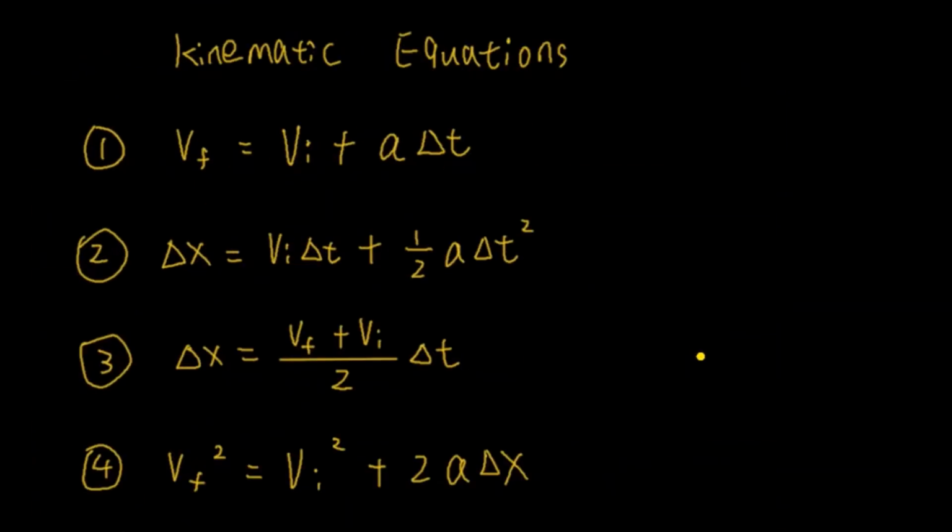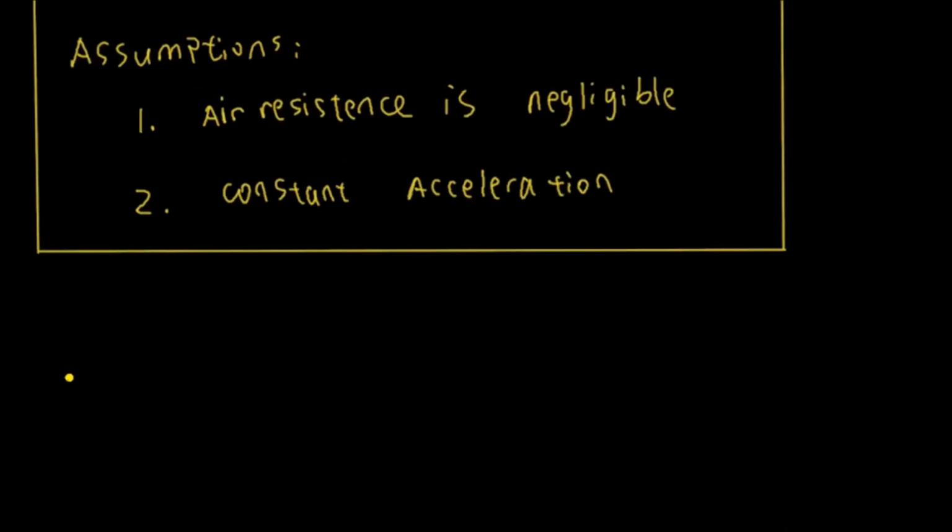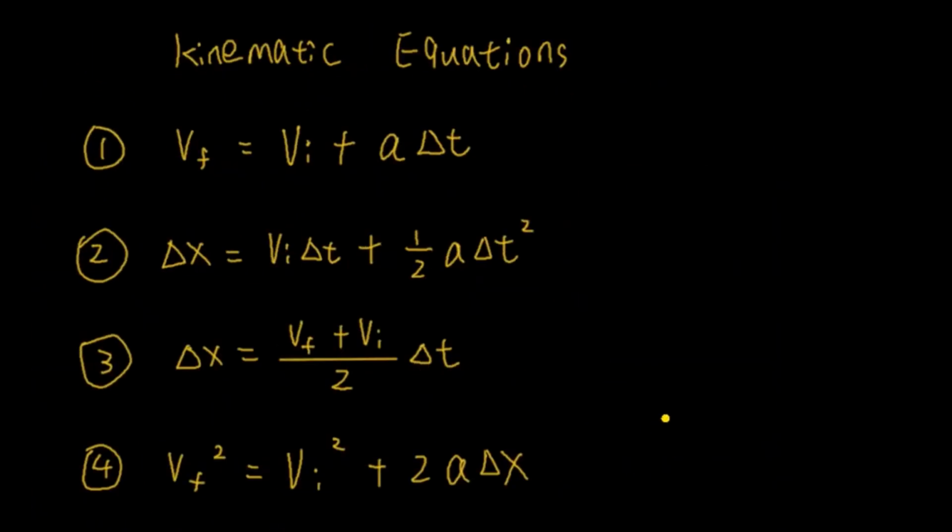Before I start deriving the equations, let me discuss some of the variables first. So delta x is change in position, change in displacement. So x stands for displacement. V stands for velocity.